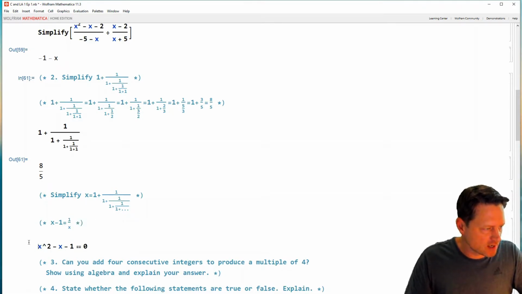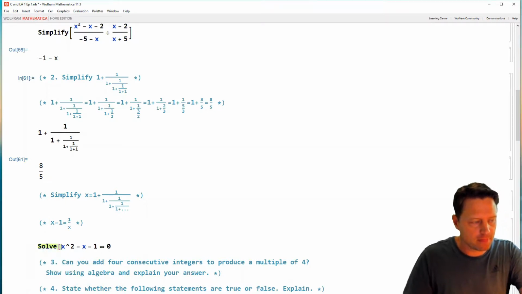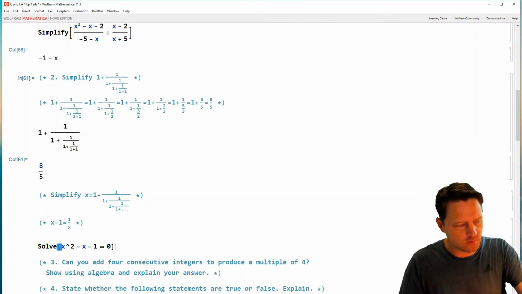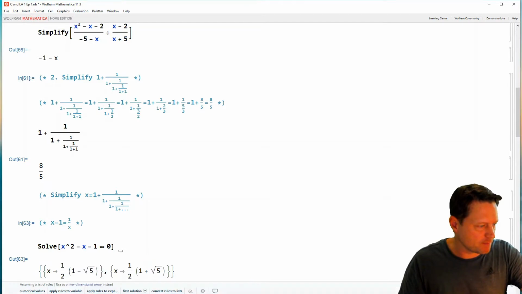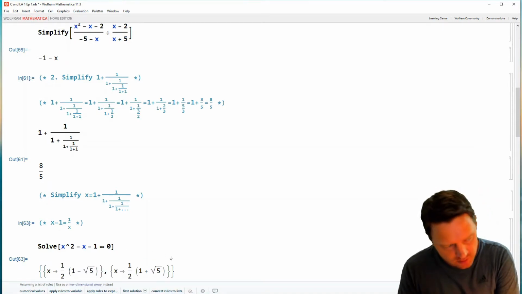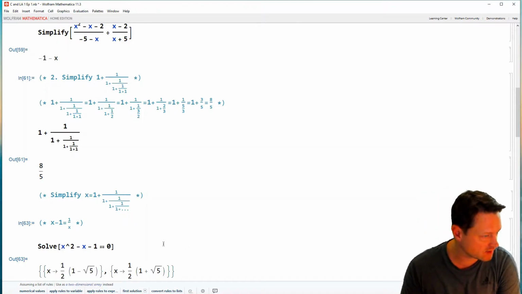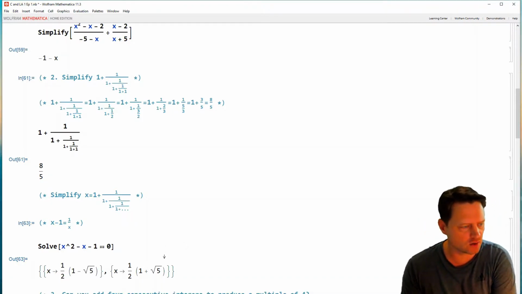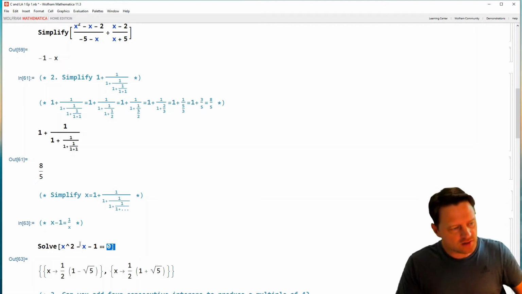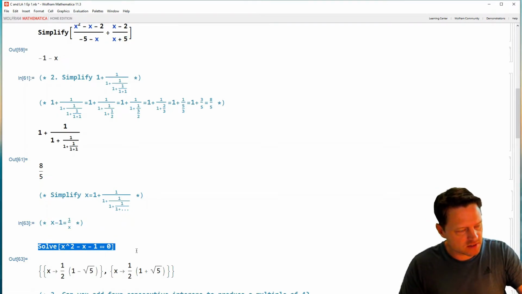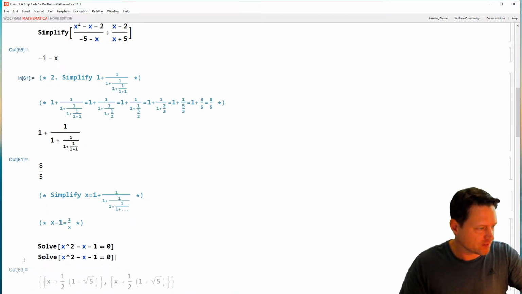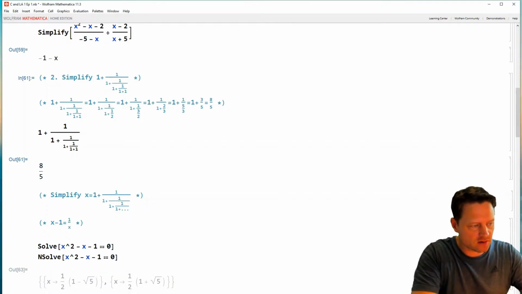Okay, so let's just write solve this, and we're solving for x, but I don't think we need to include that. So yes, I was right. This involves the square root of 5, and from memory, these are golden ratio numbers. If you wanted to view those numerically, let's take the numerical solution of this.